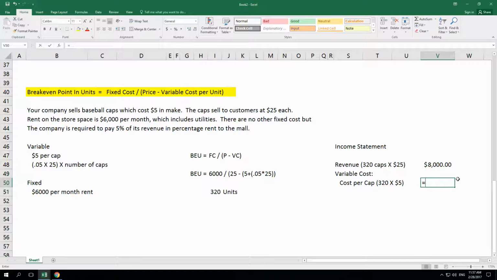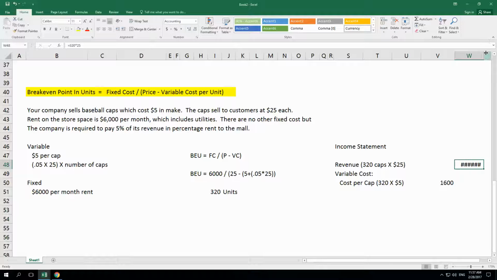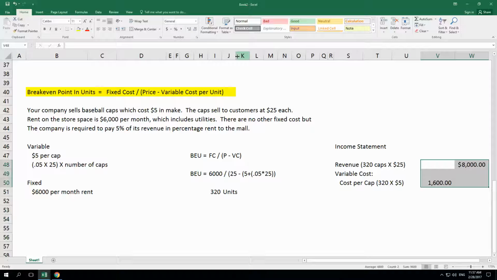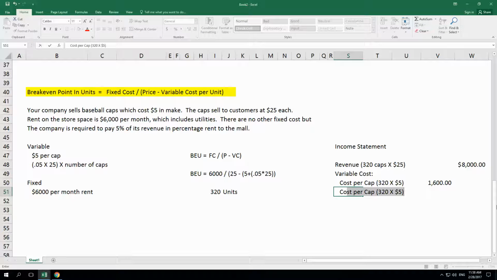And then what we've got to do is take the percentage rent.